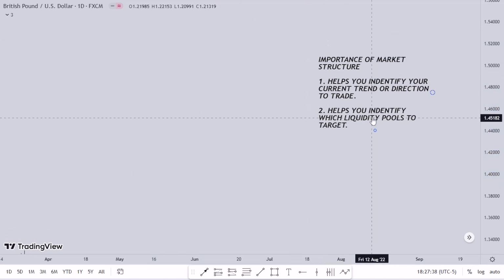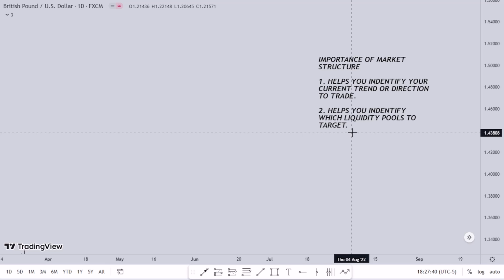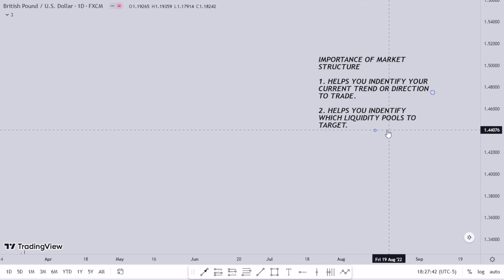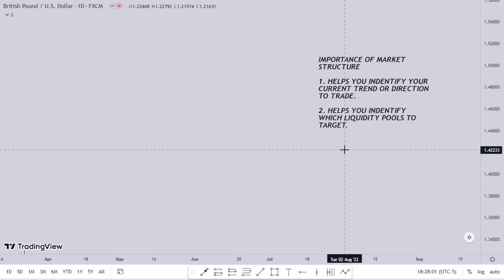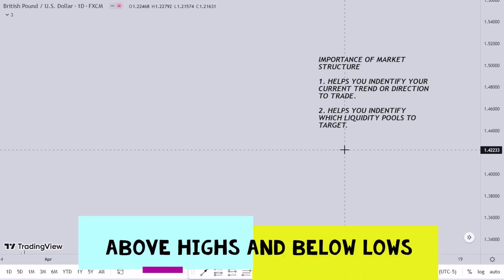And then it will also help you identify which liquidity pools to target. Now I will talk about liquidity in another video, but just a brief explanation of liquidity in forex trading. Liquidity is simply money, where the money is resting in the market, and money is resting above highs and above lows.